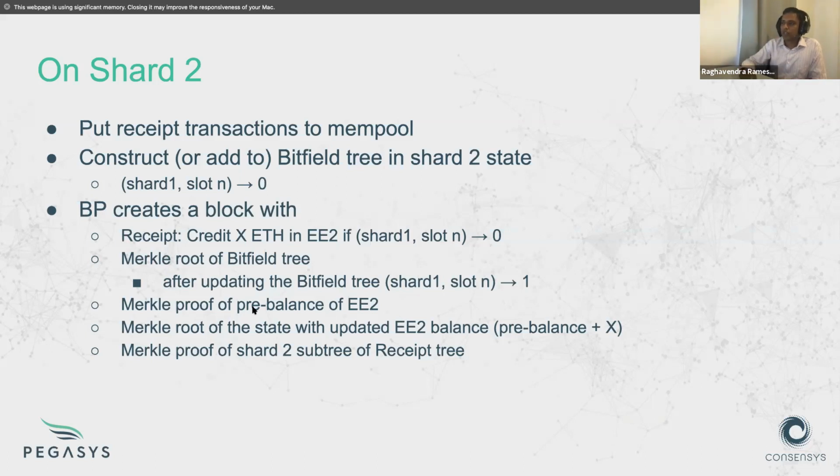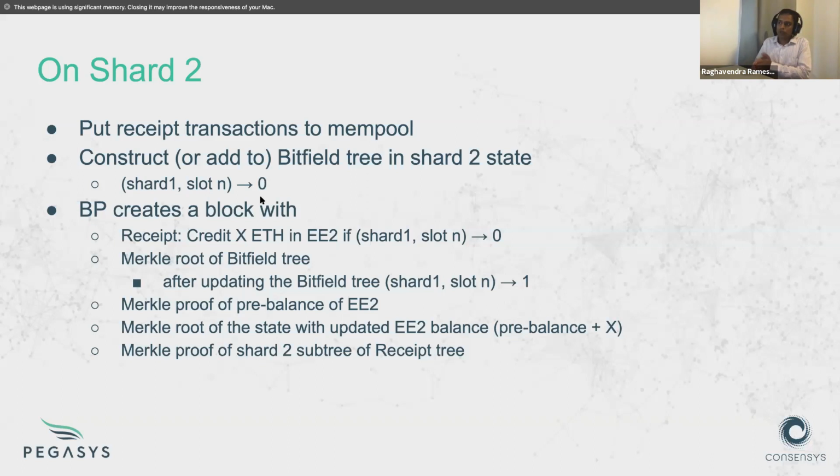So I'll just go through again. So the application puts the receipt transaction to the mempool of shard2. It constructs a Bitfield tree if it does not exist already, or if it exists, then it will just add one entry to the Bitfield tree, saying that the shard1 has a receipt in slot n for this shard, and that's initialized to 0.